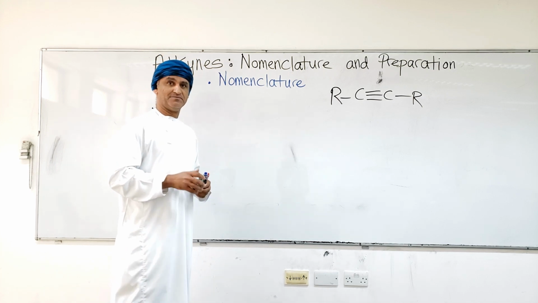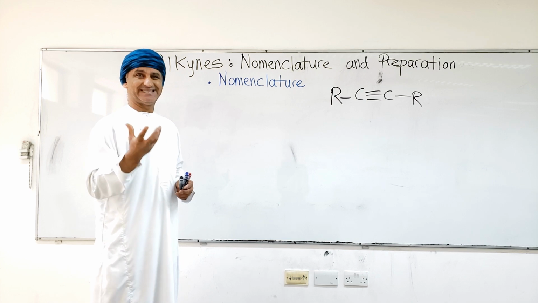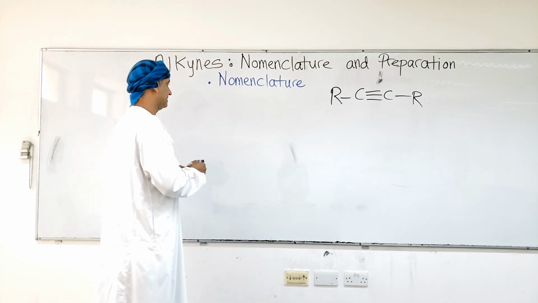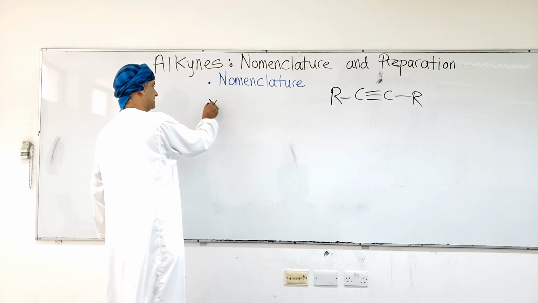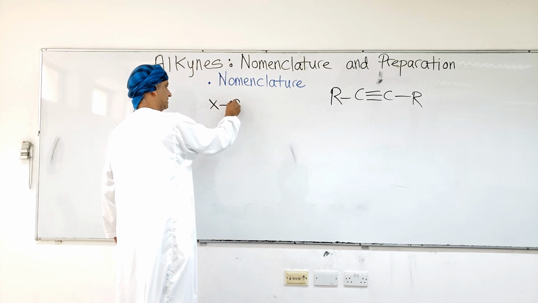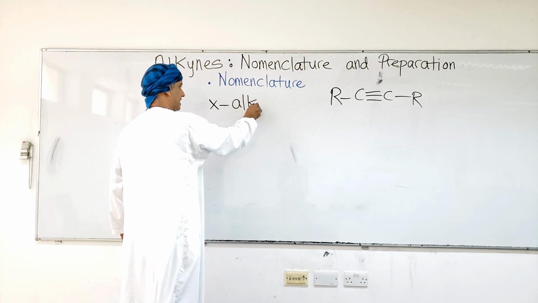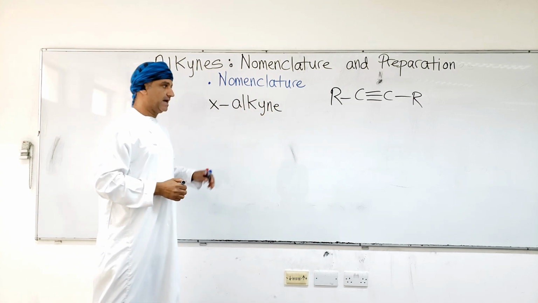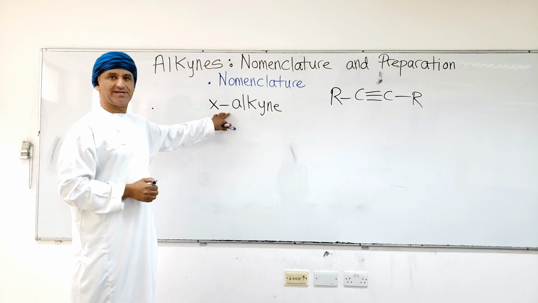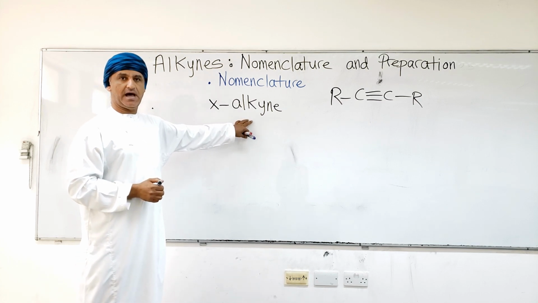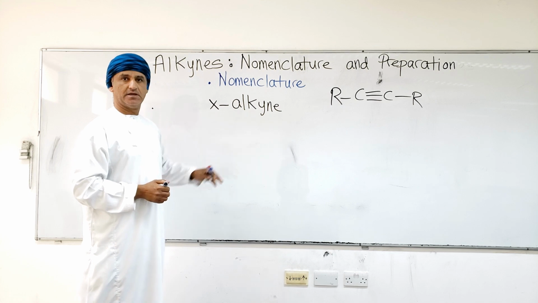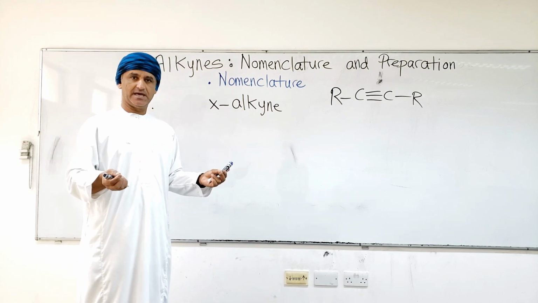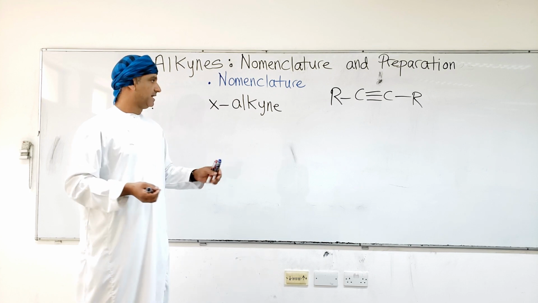The general nomenclature system for the nomenclature of alkynes is this: X-alkyne. Alk is the root of the carbon chain containing the carbon-carbon triple bond.